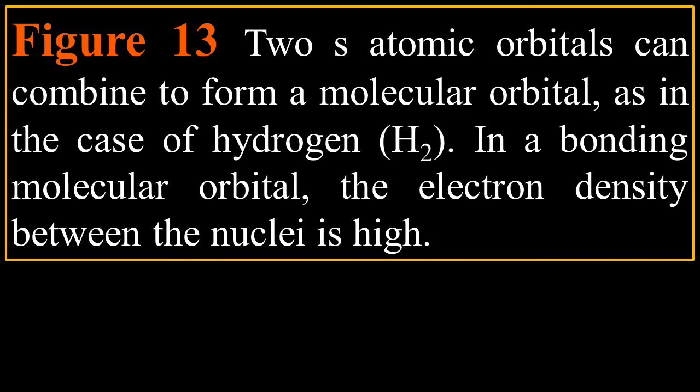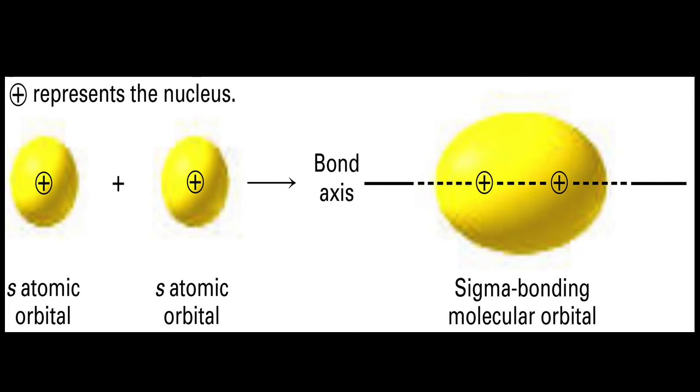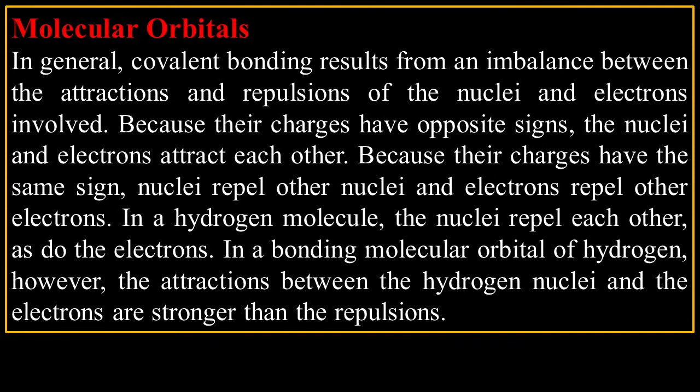The probability is that it's very high between the 2 nuclei in terms of where its location is. To represent the nucleus, there you have the 2 s atomic orbitals, and that's forming the sigma bond, the molecular orbital for the sigma bond. Molecular orbitals, we're going to continue.